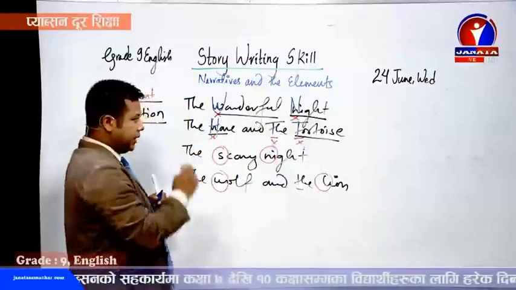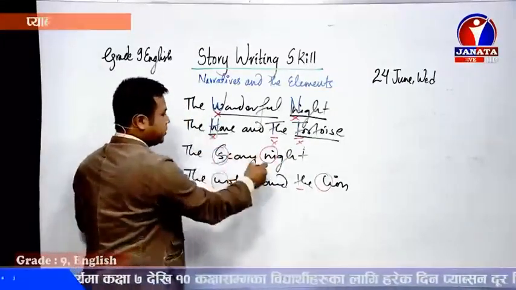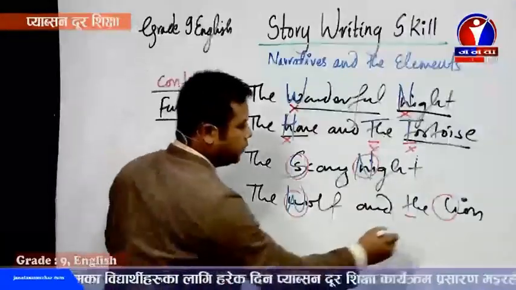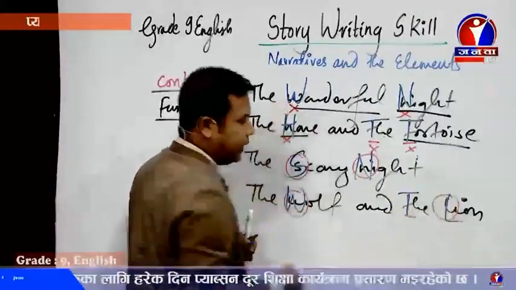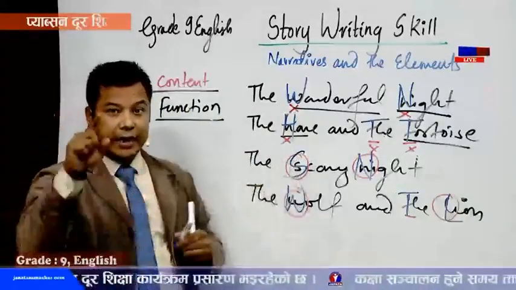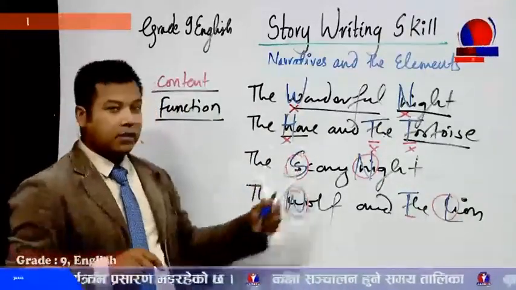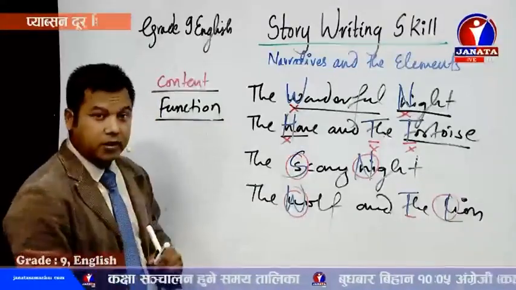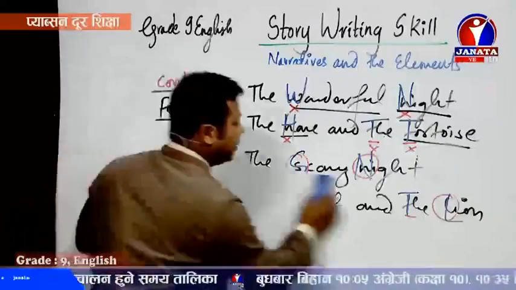I prefer to use T capital, S capital, once again N capital, W capital in wolf, and L capital in lion. So, when you do this, you get full marks. If you don't, you get less. Content words and function words, always remember.